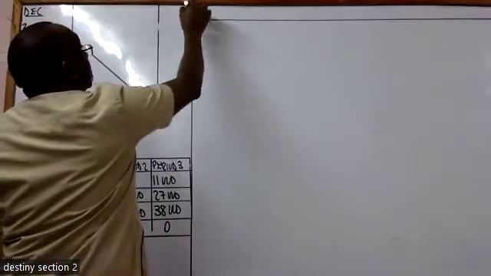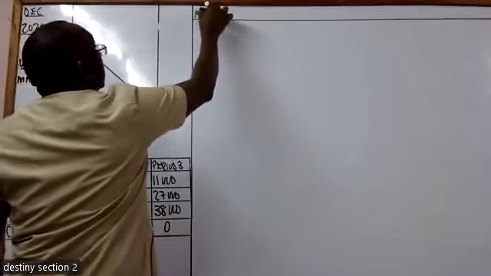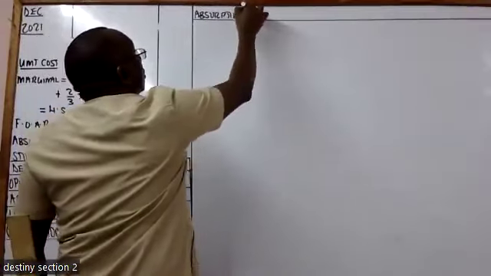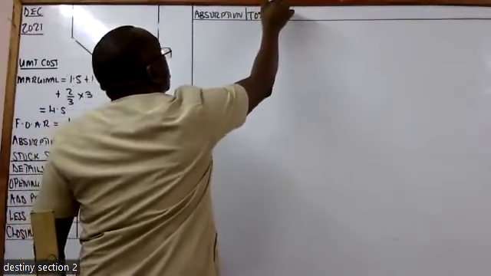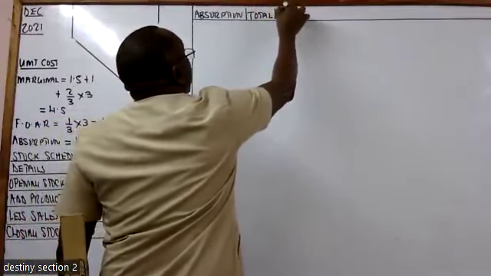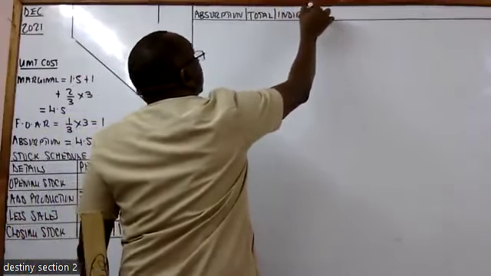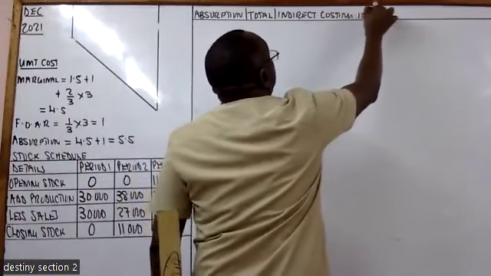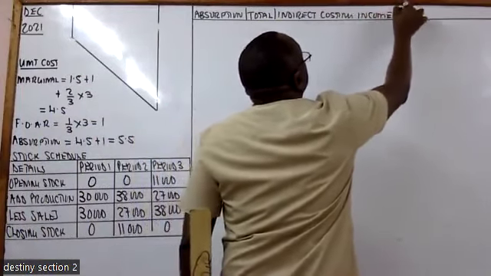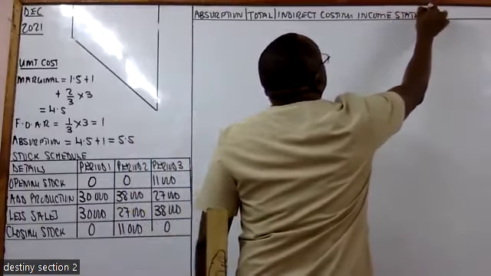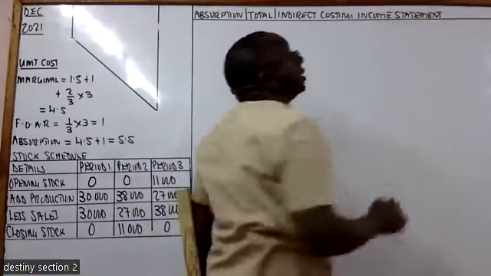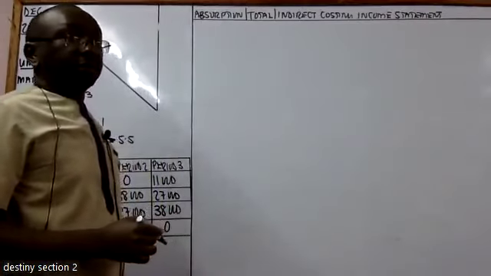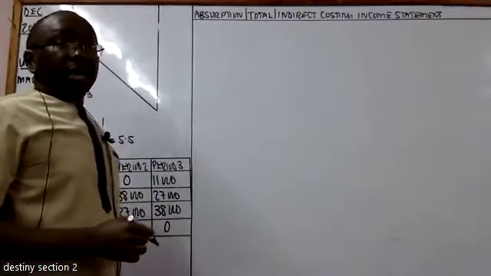Absorption costing. Now, absorption is also called total. It is also called indirect costing method, costing income statement. It is good to be familiar with those various names that are used there.